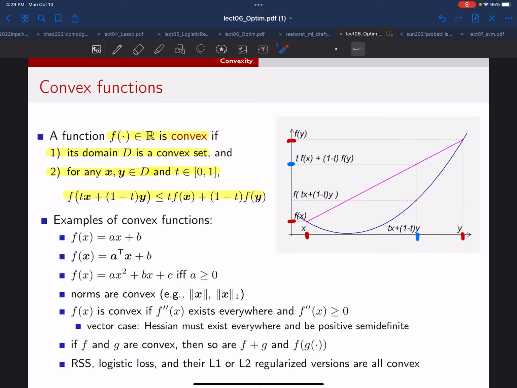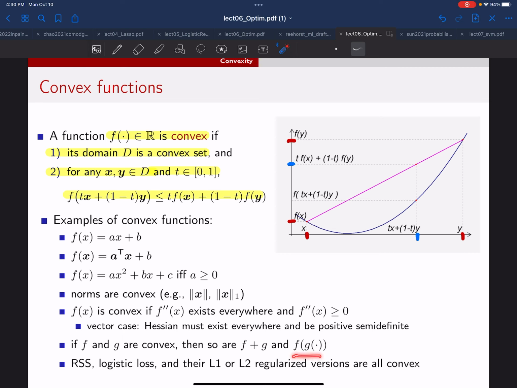So RSS is convex, and then we added either the L1 or L2 norm, and the sum is also convex. The nice thing about the lasso and ridge cost functions is they're convex, so if you have some way to find a local minimum, then you know it's a global minimum.